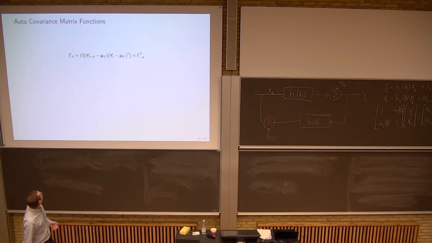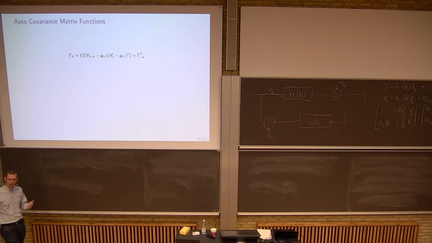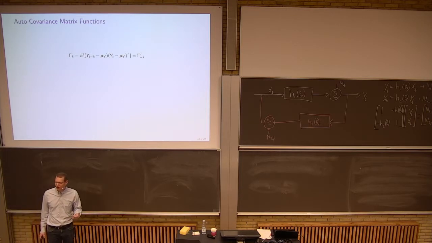Now, the auto-covariance matrix function. We actually did this last week, to some extent. What did we do? We looked at cross-correlation between two different series.